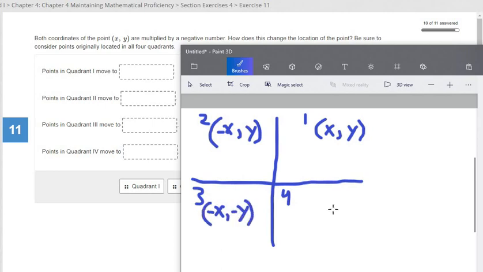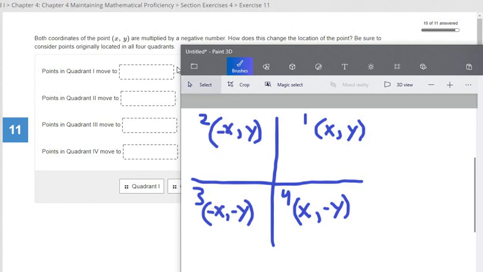And then in this quadrant, it will be a positive x and a negative y. So anything below the x-axis is going to be a negative y. Above will be positive y. Anything to the right of the y-axis will be a positive x. Anything to the left will be a negative x.